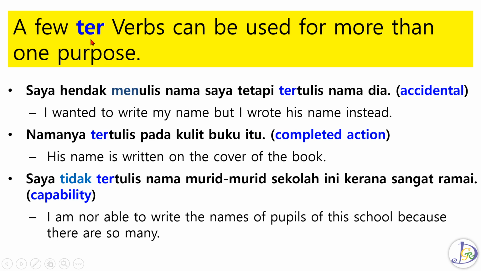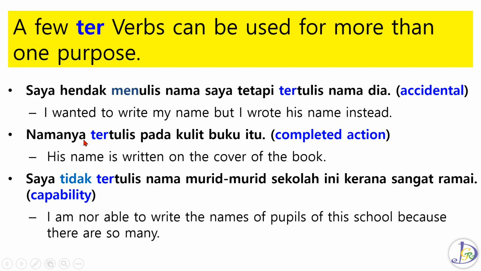A few ter verbs can be used for more than one purpose. Saya hendak menulis nama saya, tetapi tertulis nama dia. I wanted to write my name, but I wrote his name instead. Accidental. Namanya tertulis pada kulit buku itu.